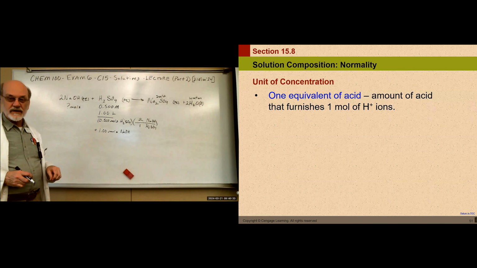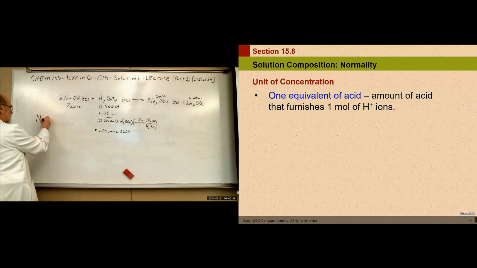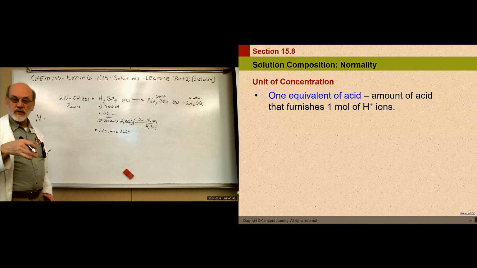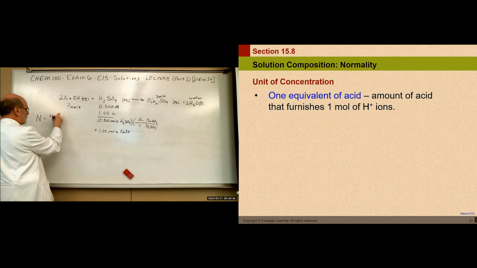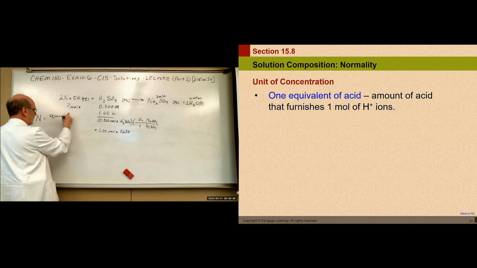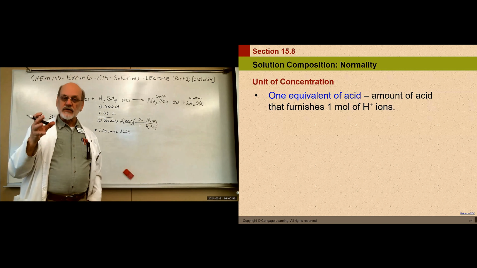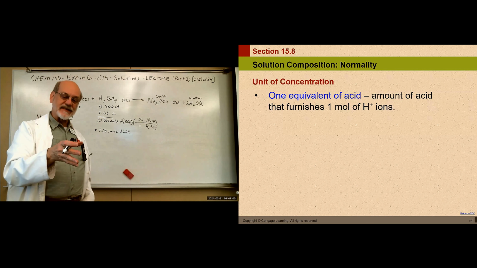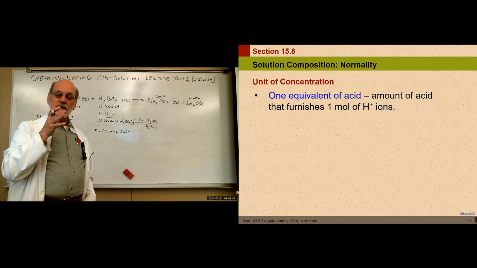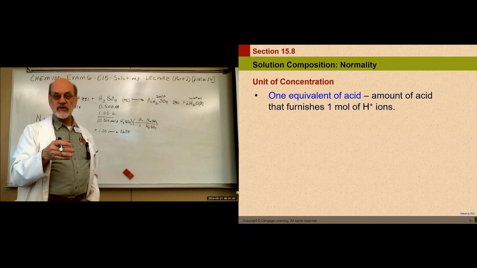When we say normality, rather than moles per liter, we're saying equivalents per liter. So what's an equivalent? Well, in terms of acid-base reactions, if we say 1 equivalent of acid, we want to know the amount of acid that produces 1 mole of hydrogen ions.